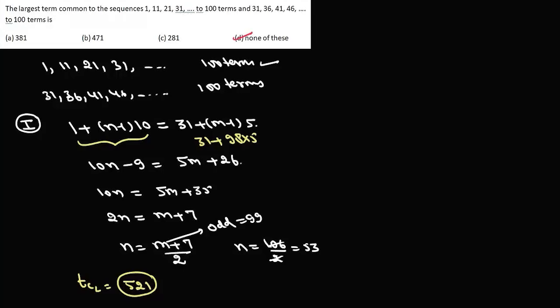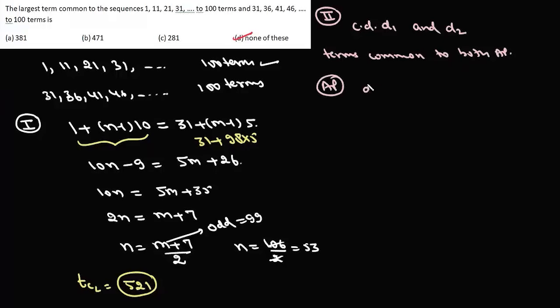Now the second method of solving this question is, we have this theory that if we have two APs whose common differences are D1 and D2, then the terms common to both the APs will also form an AP whose common difference will be the LCM of the common differences of these two series.